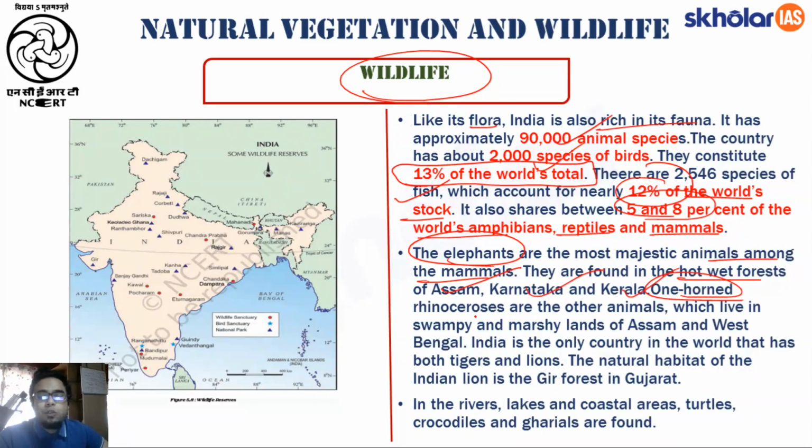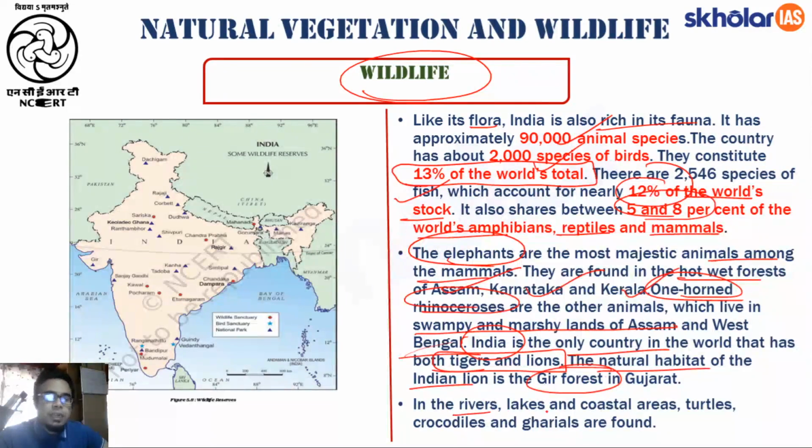Then we have the famous one-horned rhinoceros, which is found in the swampy and marshy lands of Assam and West Bengal. For example, we have the Kaziranga National Park. Then India is considered to be the only country in the world where we see presence of both tigers as well as lions. Then the natural habitat of the Indian lion is of course the Gir forest, which is found in the state of Gujarat.